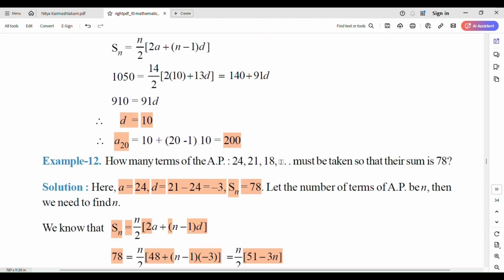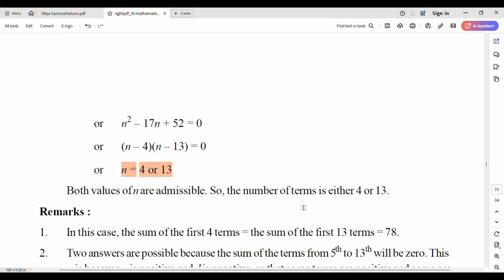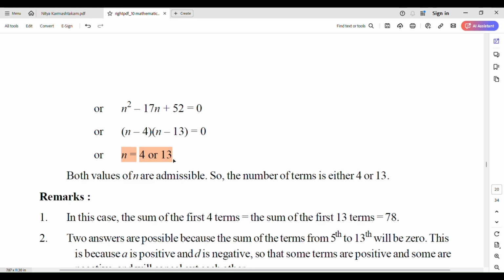This is a decreasing progression, so you will get negative terms also which will cancel the positive terms. These 9 terms, from 18 onwards, go up to minus 18. So everything gets cancelled and you have a 0 also in this. That's why you got the two answers, 4 and 13, and both are correct answers.